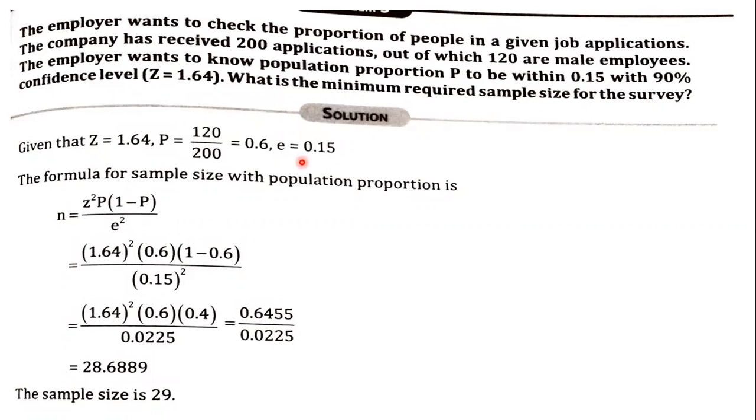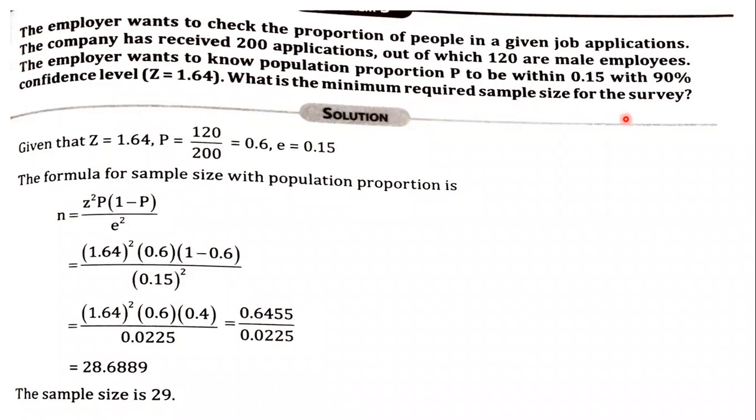Understood? 0.15 as margin of error with 90% confidence level. So they are 90% confident that the population proportion P should be within 0.15. What is the minimum required sample size for the survey?